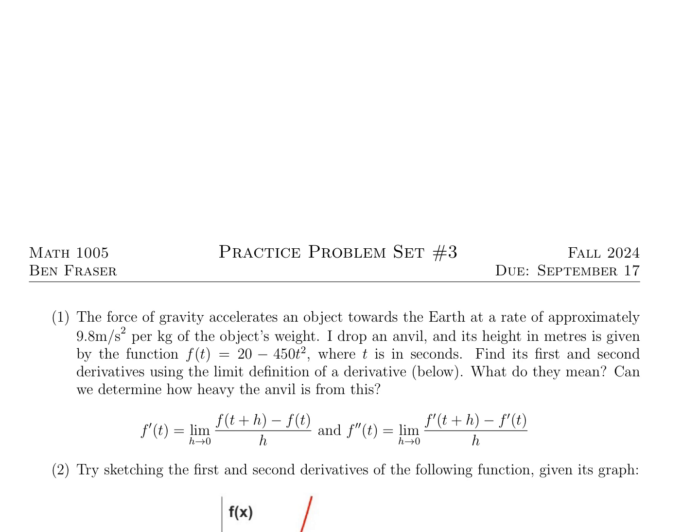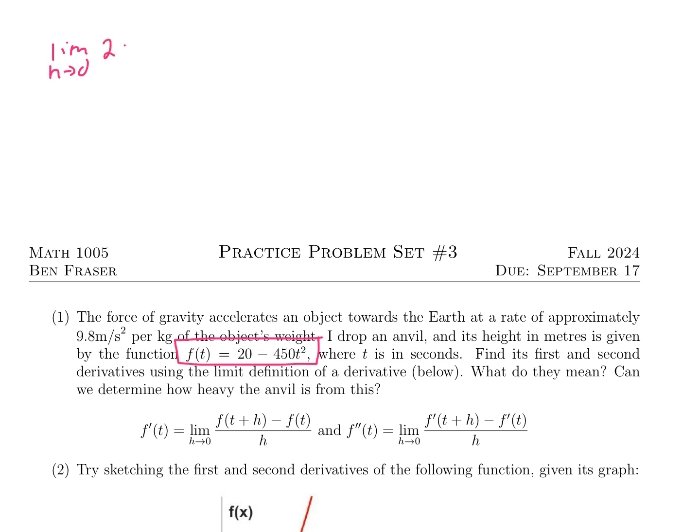Okay, for question 1 here on the second set of practice problems, if you're starting out with f of t equals 20 minus 450t squared, then if we want the first derivative, we have to set that up as the limit as h approaches 0, and we're going to take t plus h and put that into the function.